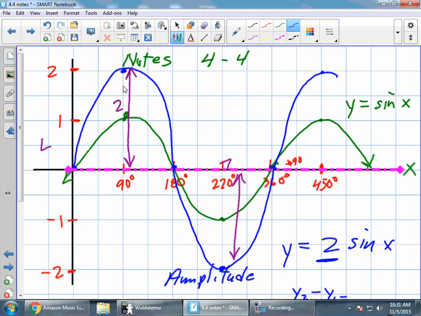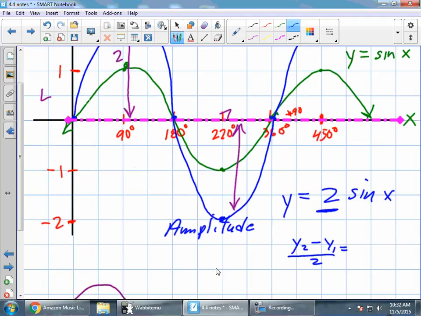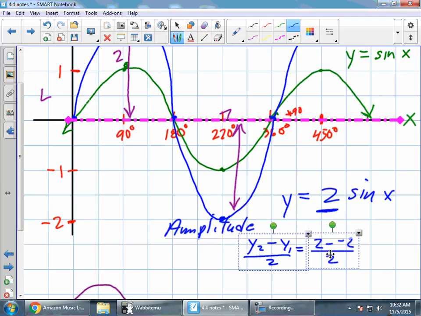Daniel, what's the highest high we get to? 2. And what's the lowest low? Negative 2. Careful, negative 2. So we can go 2 minus a negative 2, watch your sign, divided by 2. And we get, I should move this over a little bit. What do we get, Sarah?